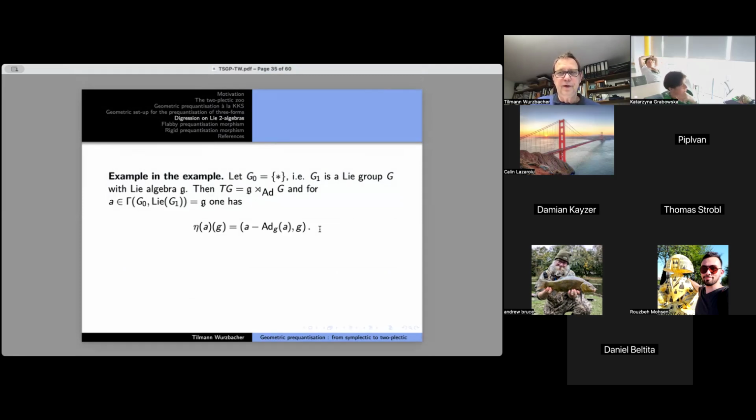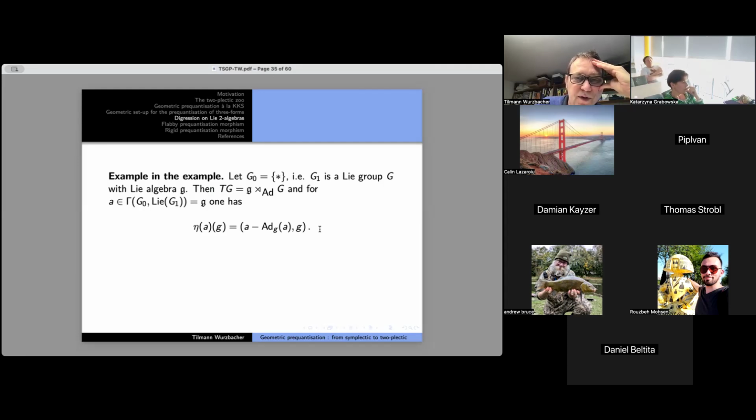So if the base is just a point, then the groupoid is a Lie group, with Lie algebra. And the tangent bundle you can trivialize with the left invariant vector fields.